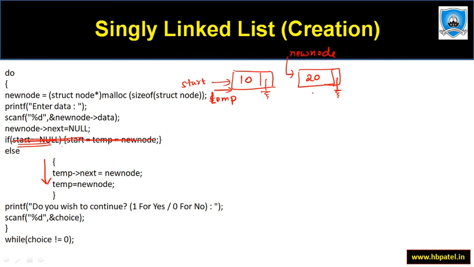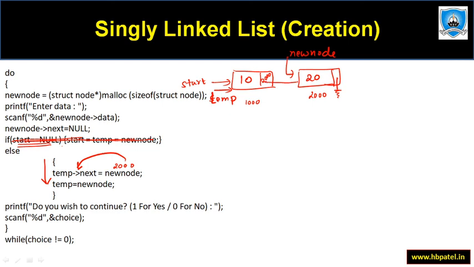What is new node? Let's say this one is 2000 and this one is 1000. So new node is 2000. So temp arrow next, which was earlier null, will now be 2000. I put this new node, 2000, into temp arrow next.